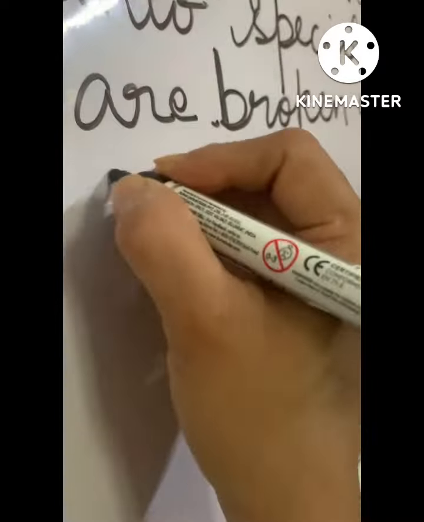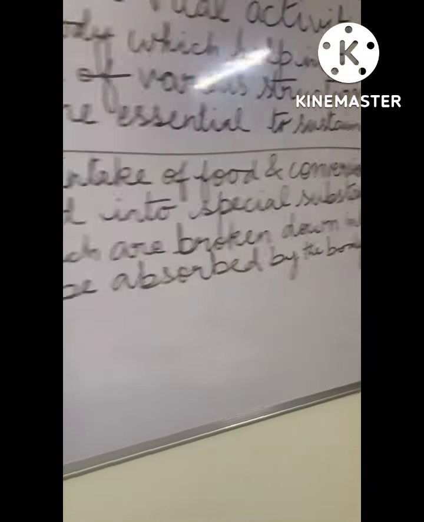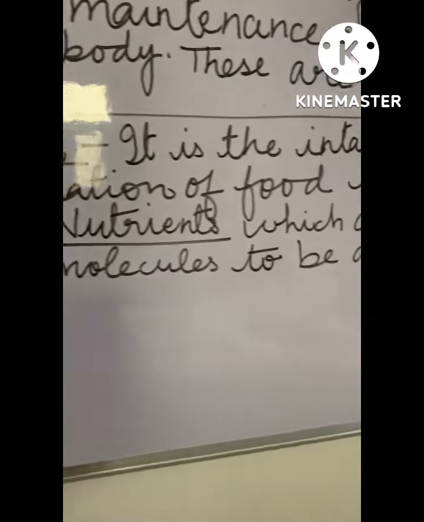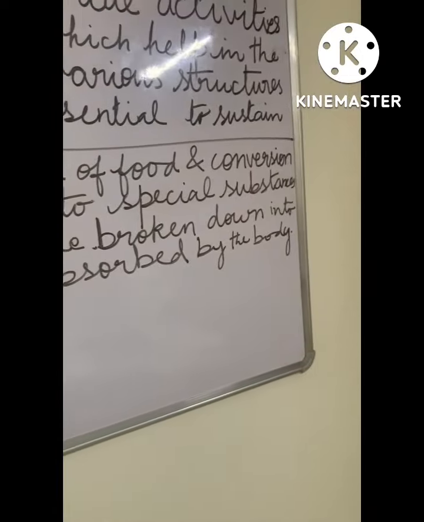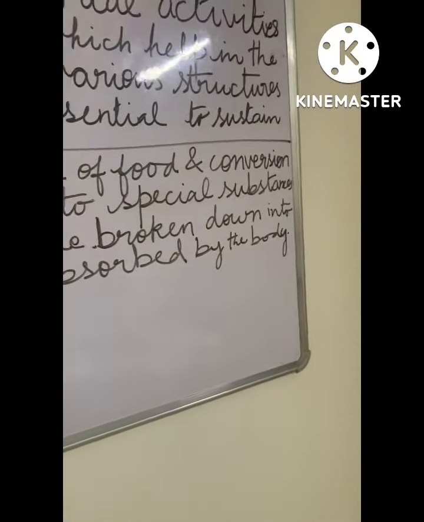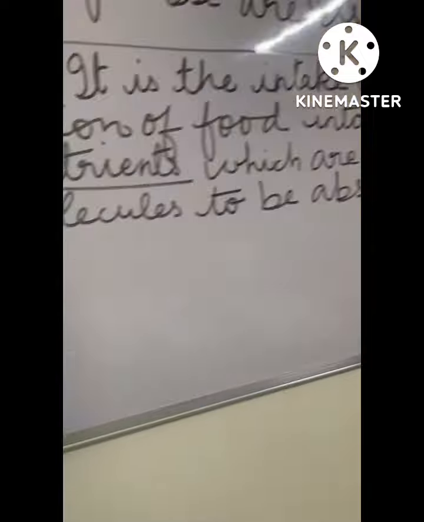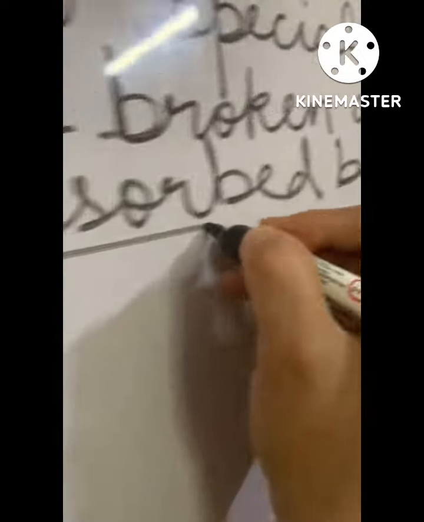Okay, so what is nutrition? It is the intake of food and conversion or utilization of food into special substances called nutrients, which are broken down into smaller molecules to be absorbed by the body. That is nutrition.